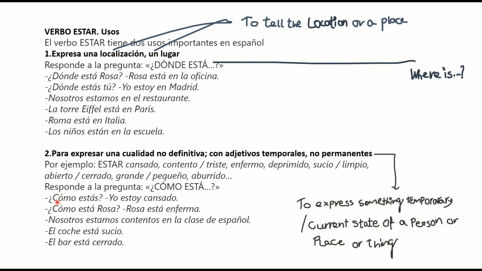It's a temporary state, talking about the condition of the car. That is the reason we are using the verb estar. El coche está sucio. El bar está cerrado. The bar is closed. Currently, the bar is closed. It will open in some time. So again, temporary state, the verb to be used, estar.